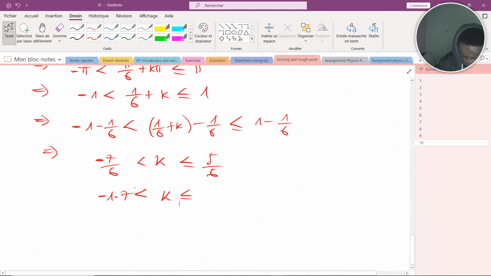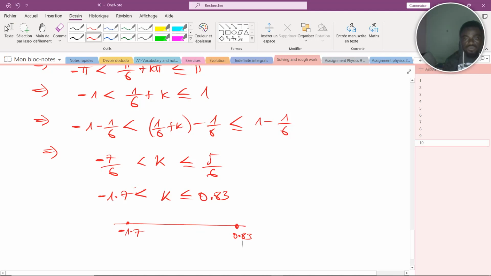5 divided by 6, that is 0.83. Is that okay? Now if I draw my number line, this is minus 1.17 and here this is 0.83.